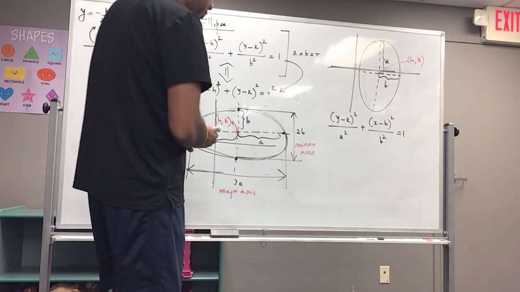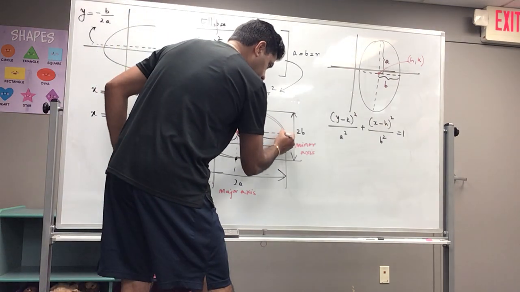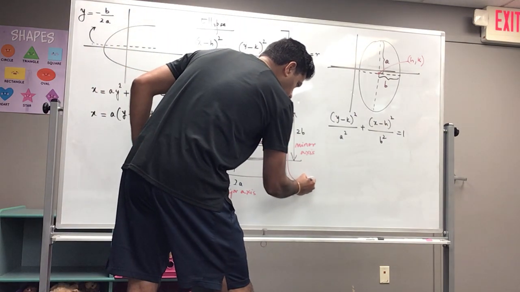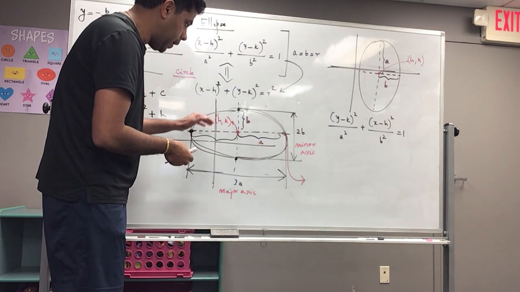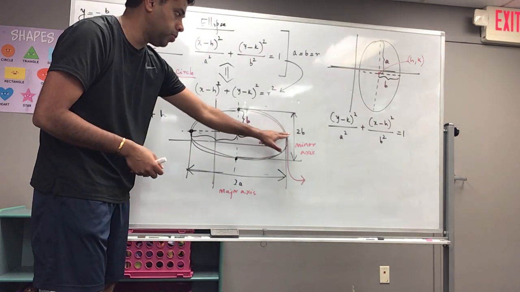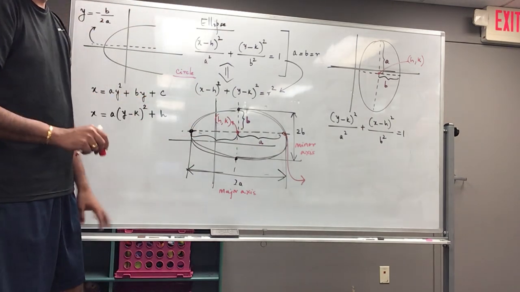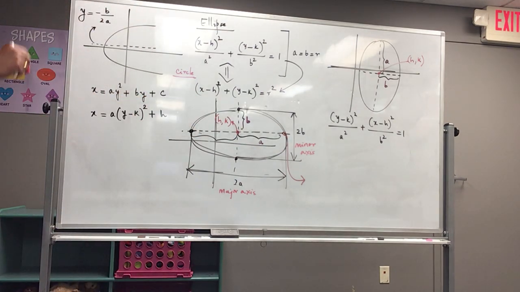This might be a tough question. Can somebody tell me what will be the coordinates of this point in terms of A, B, and H, K? This point's coordinates. Think. It's very doable.